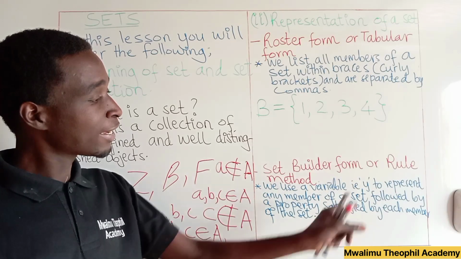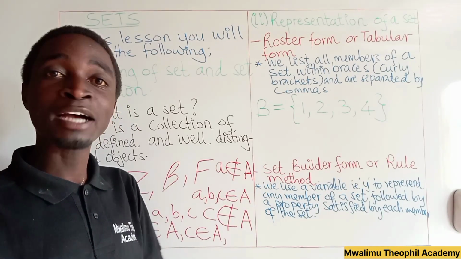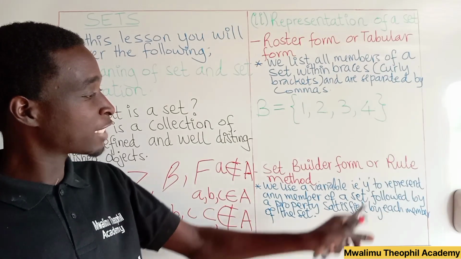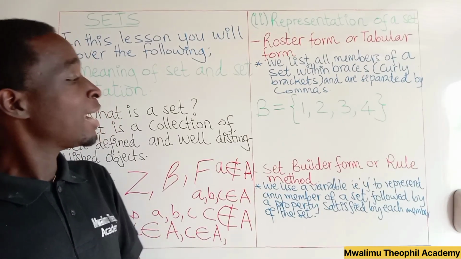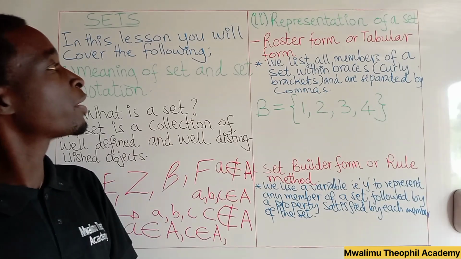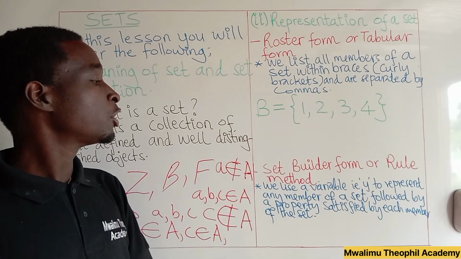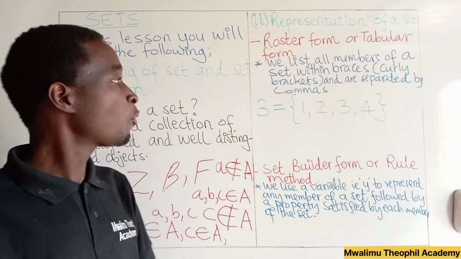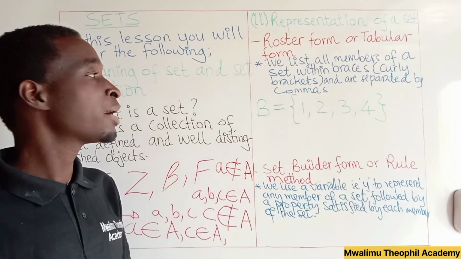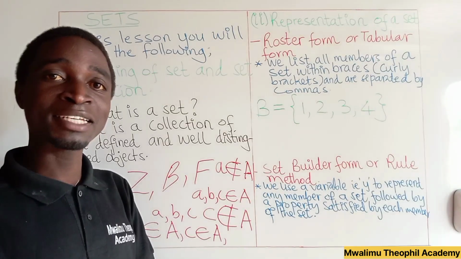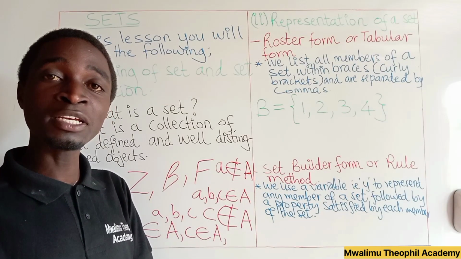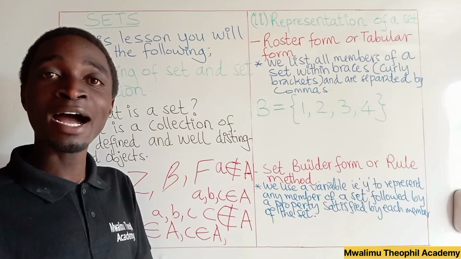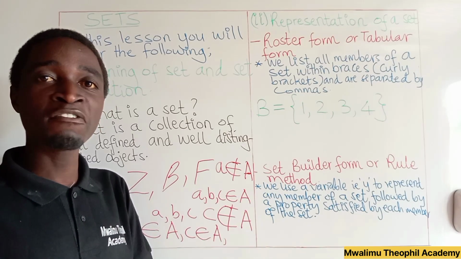In the case of a variable, you may assume any variable depending on the situation. For example, I have decided to use y. So, let us use the same example as in roster form to represent it in set builder form. You have to remember, it was to represent a set B which contains all members which are counting numbers less than 5.